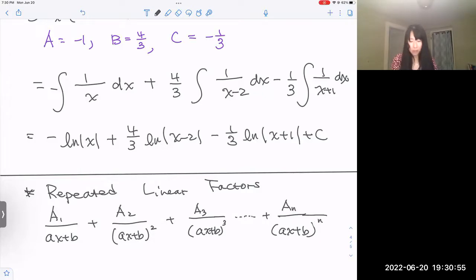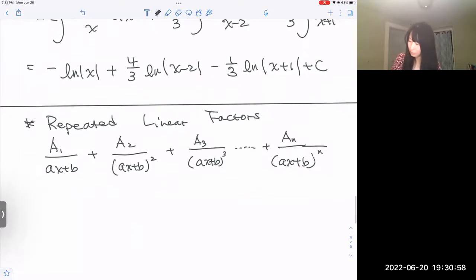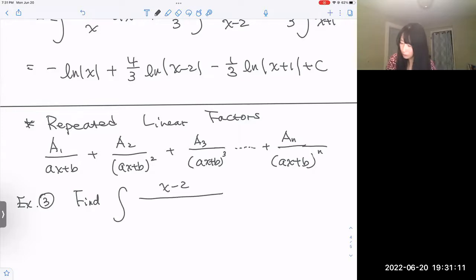Okay, now how do we do that? Number 3: the integral of x minus 2 over 2x minus 1 squared times x minus 1 dx.